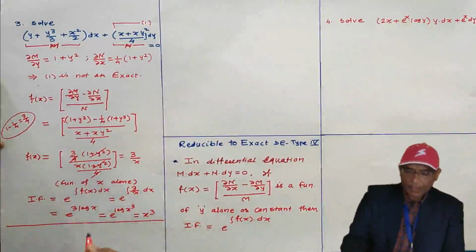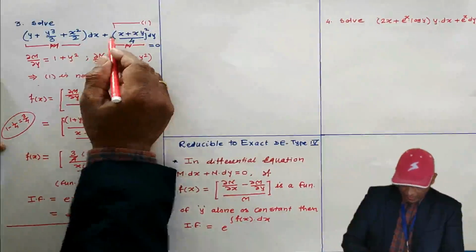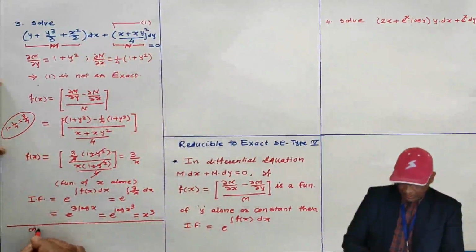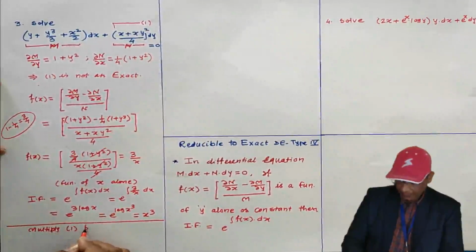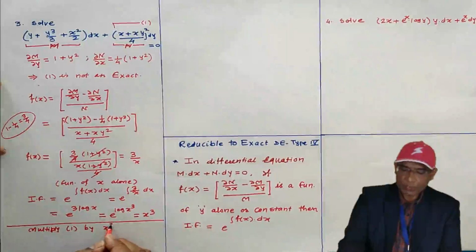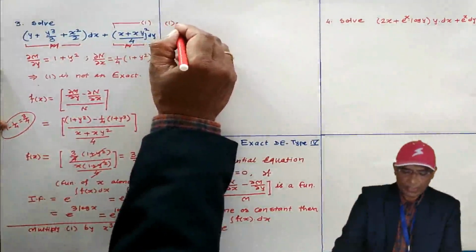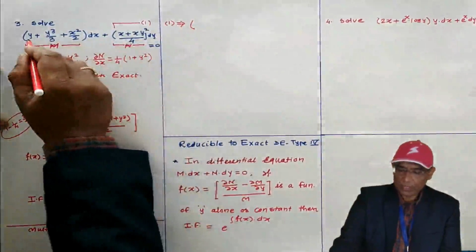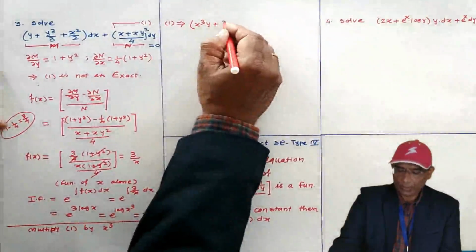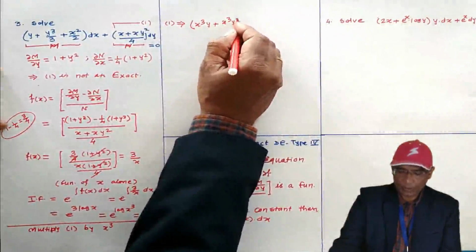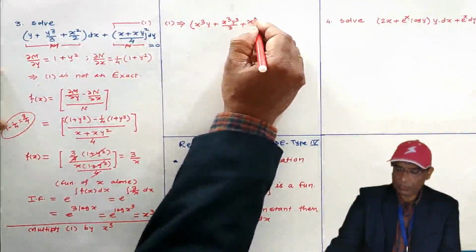Now, multiply the given differential equation, equation 1, by the integrating factor. If you multiply, x cube into y is x cube y, x cube y cube by 3, x cube into x square is x power 5 by 2.